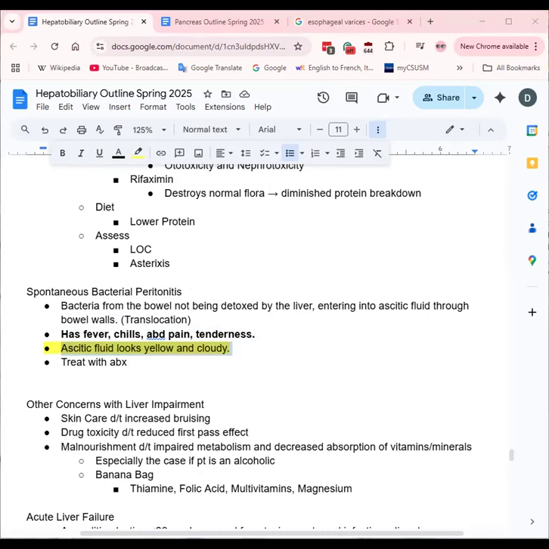Infected spinal fluid is cloudy as well. And what you can expect from a bacteria, you treat it with antibiotics. So any specifics you don't really have to hard focus on. It was just basics on peritonitis or basics on infection, and knowing that it happens because of liver impairment.